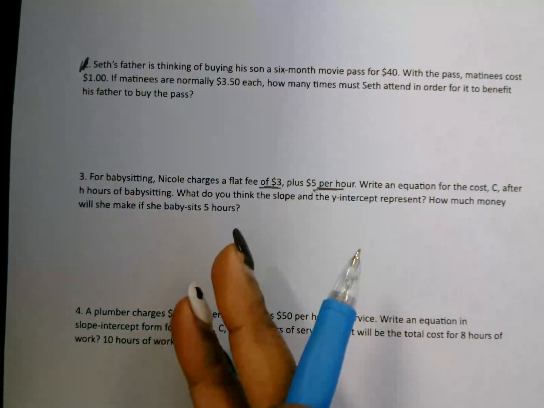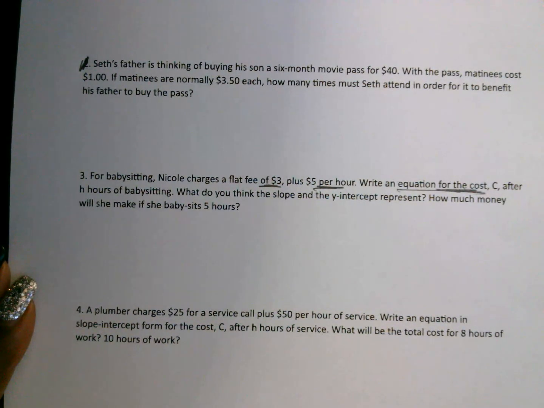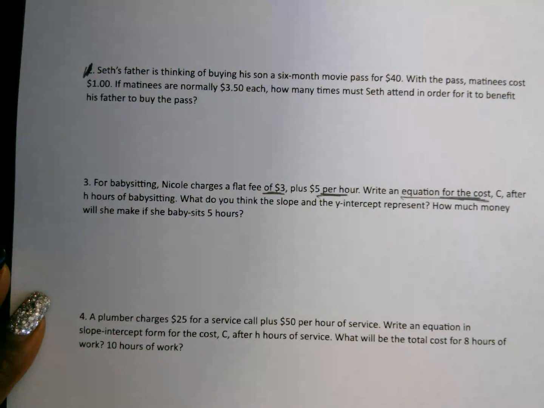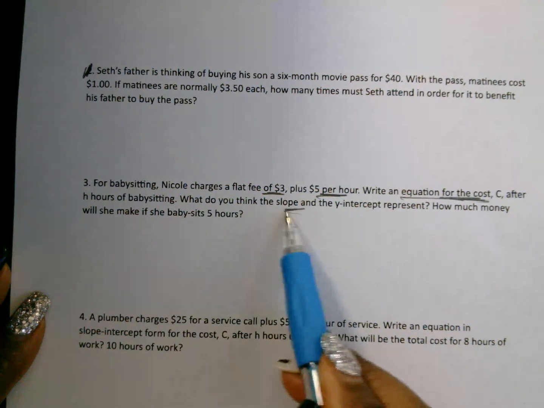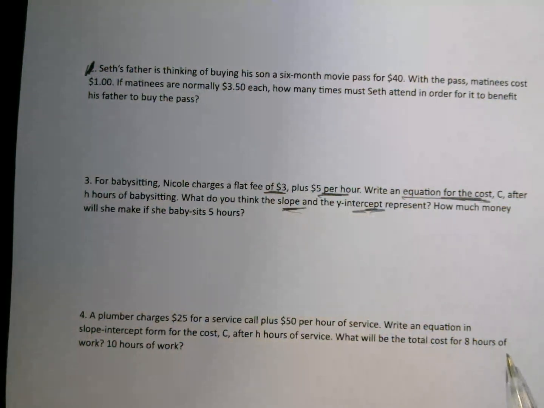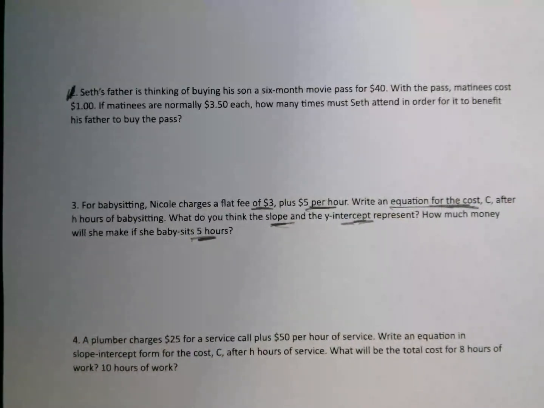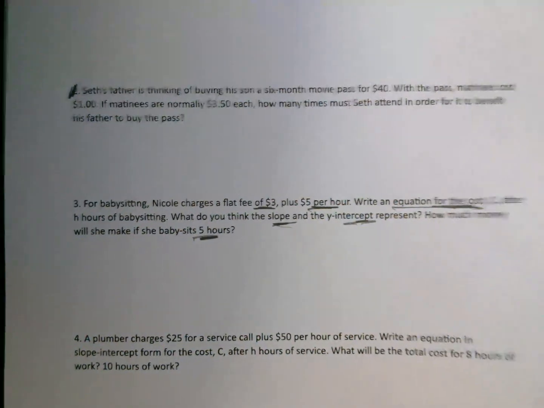Write an equation for the cost C after H hours. What do you think the slope and the y-intercept represent in this problem? And how much is she going to make after 5 hours? See if you can do number 3 on your own before we leave, and then put your calculator up. We will finish this up tomorrow.